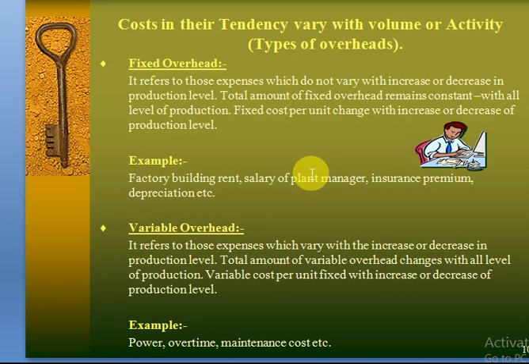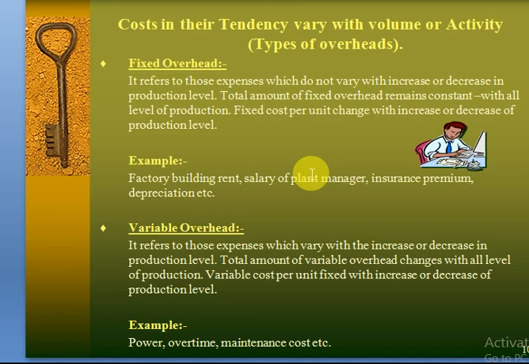When we increase production, the total cost of production will increase, and when we produce fewer units, our cost of production will be less. So variable cost per unit is fixed, but in total it varies with output.